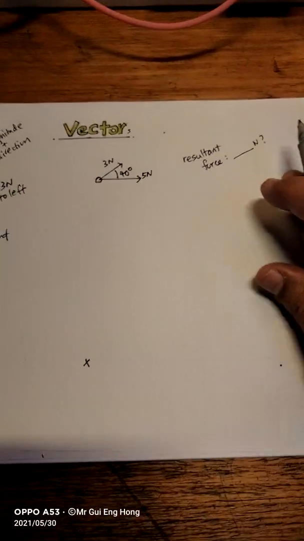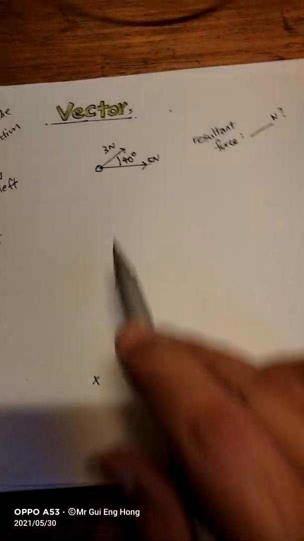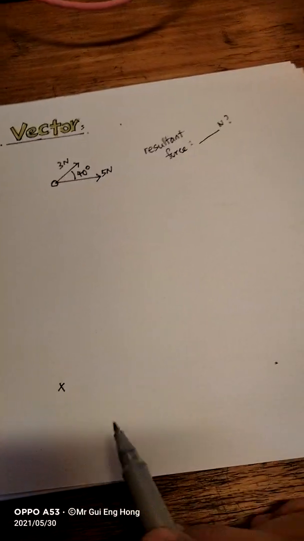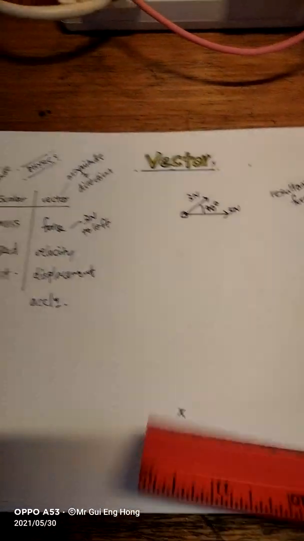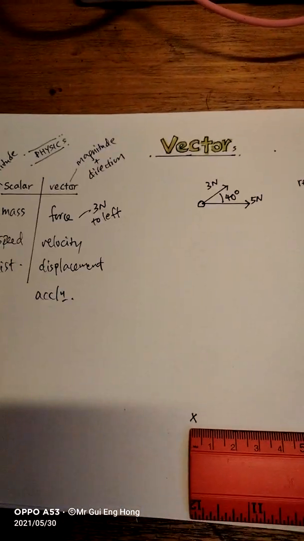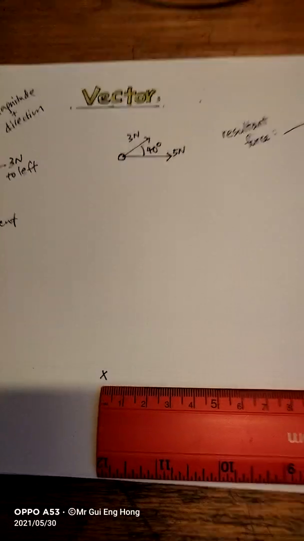I have already measured this. So what we need to do is to start with a reference point, and then using a ruler. Because 5 Newton, if I use 5 cm, is very small, so I'm going to use 10 centimeter.